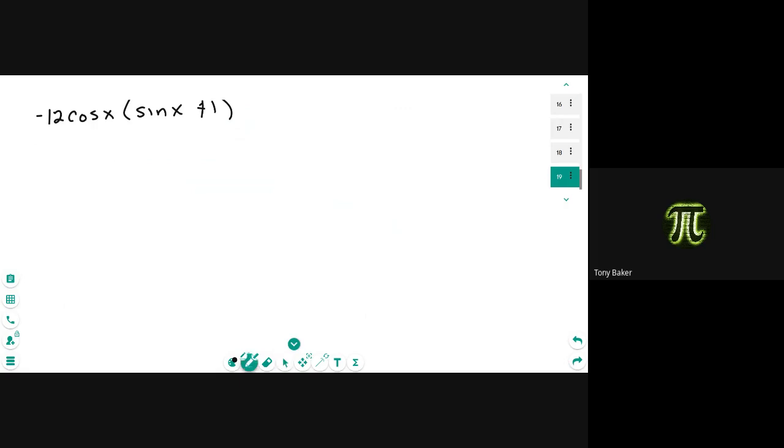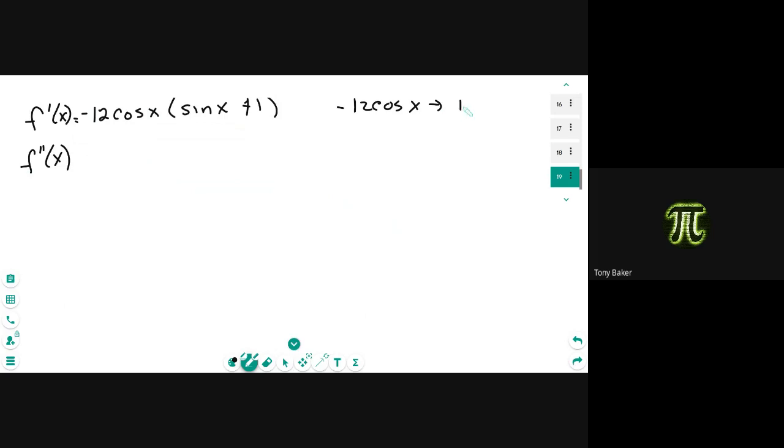That's where it switched the sign. All right, so that's my first derivative. That becomes just 12 sine x in the front, right? Yep. Well, no, you have to do your product rule.